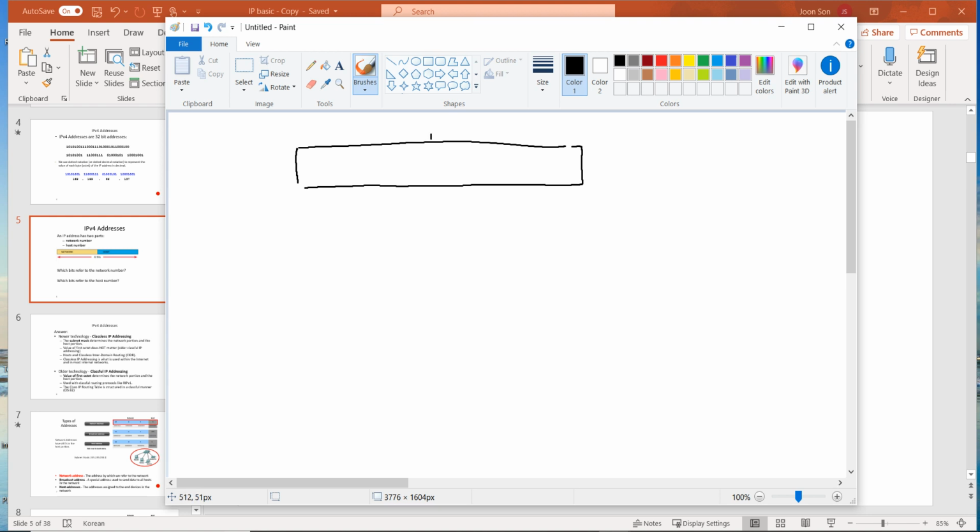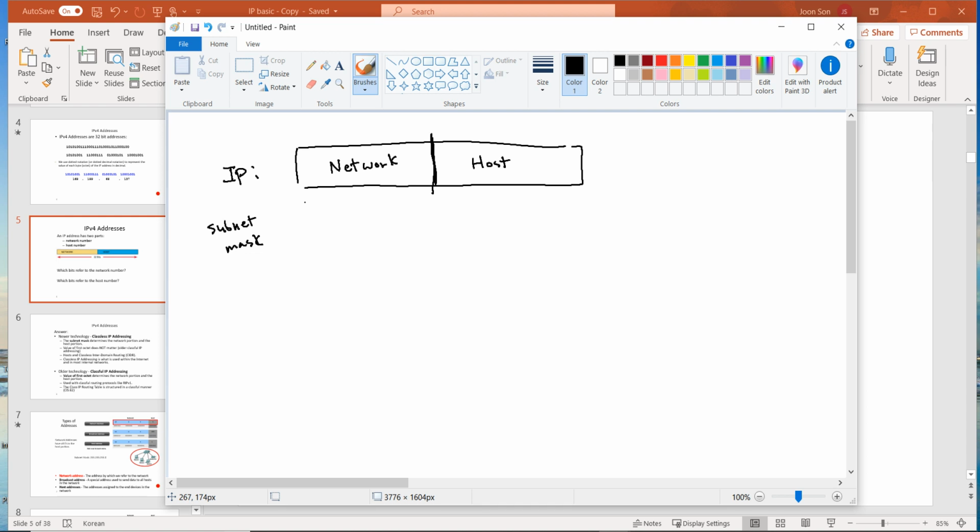And then somewhere in the middle, we can draw a line. The left side is the network portion, and the right side is the host portion. And this boundary is determined by something called what? The subnet mask.